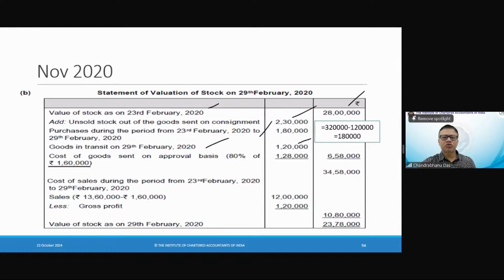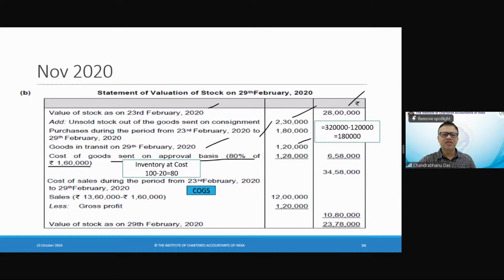Goods in transit on 29th February is 1,20,000. For the cost of goods sent on approval basis, inventory at cost, you have to record it: 100 minus 20, it is 80%, 1,28,000.